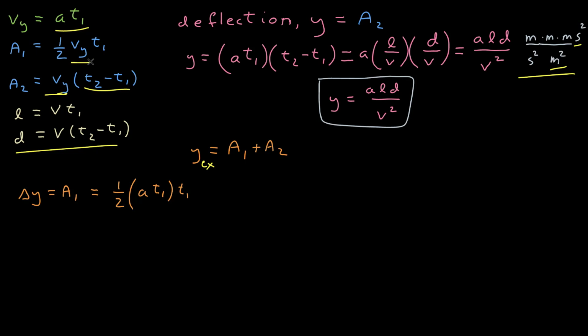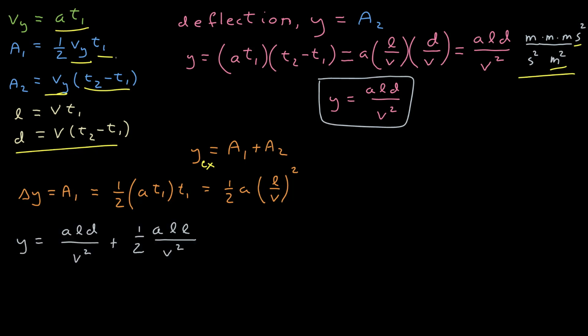So I substitute in v sub y is just a times t1. That's, of course, 1/2 a t1 squared, which is just from the constant acceleration equations itself. I substitute in for t1, which is L over v, and now we have the total displacement.